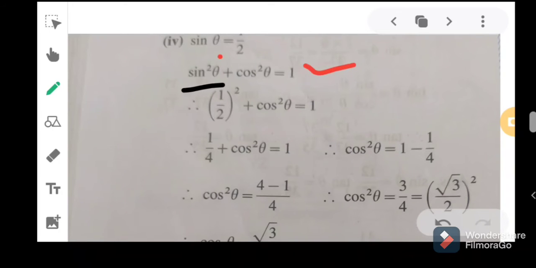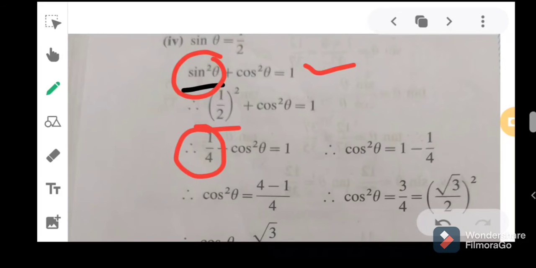Put sin theta equals 1 by 2. So (1 by 2) square plus cos square theta equals 1. Square of 1 is 1 and square of 2 is 4, means 1 by 4 plus cos square theta equals 1. This 1 upon 4 is taken to the other side, it becomes minus.